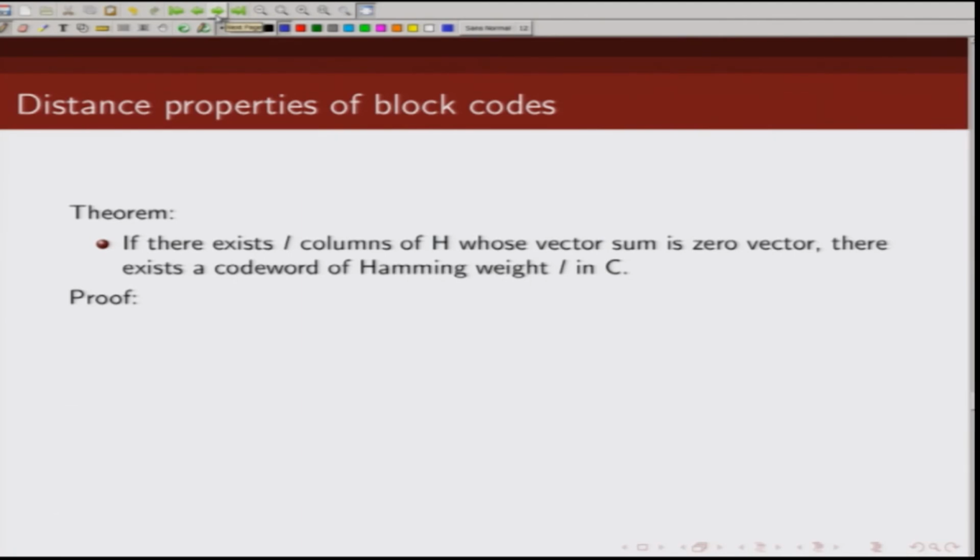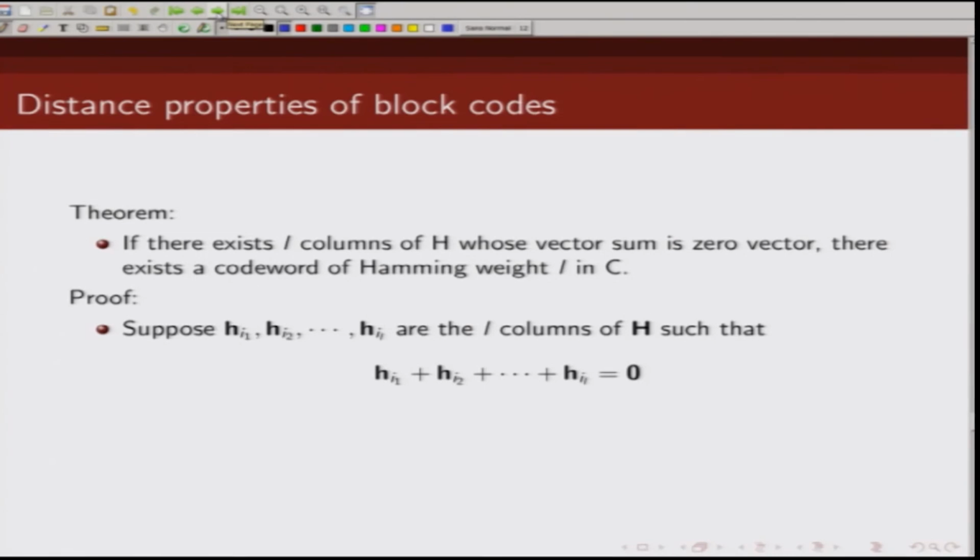Next, we show another result which says if there exist L columns of the parity check matrix whose vector sum is 0 vector, then there exists a code word of Hamming weight L in this linear block code C. So, let us see. Suppose these L columns of parity check matrix H whose vector sum is 0 are given by Hi1, Hi2, Hi3 up to HiL.